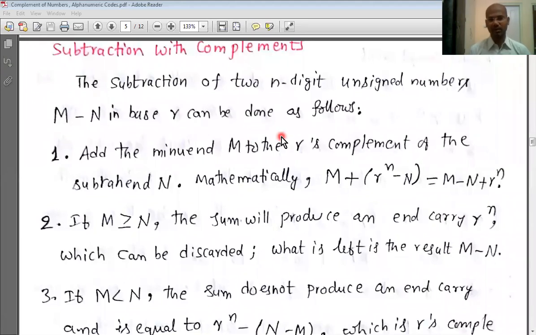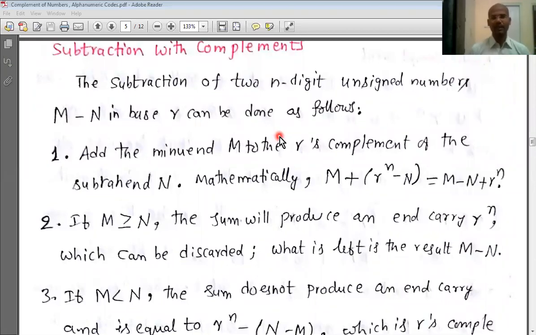Now, how to find these complements? First, if you want to find the 9's complement in the decimal system, let's say the given number contains 5 digits. Then we have to subtract the given 5-digit number from a 5-digit number having all nines, 9, 9, 9, 9, 9, and you will get some answer.